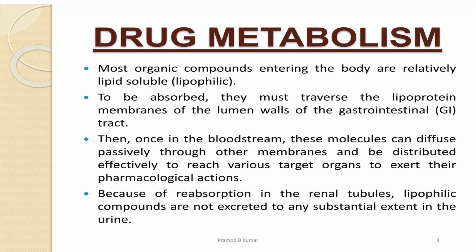Once in the bloodstream, these molecules can diffuse passively through the membrane, passive meaning across the concentration gradient, and are distributed effectively to various target organs to exert their pharmacology. Once they get into the bloodstream, they go to the specific region and show the effect.